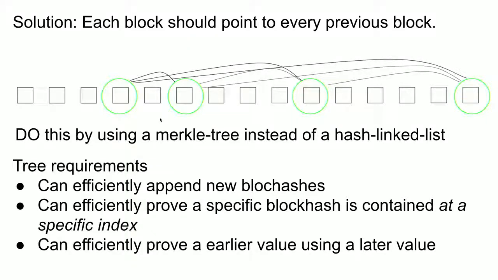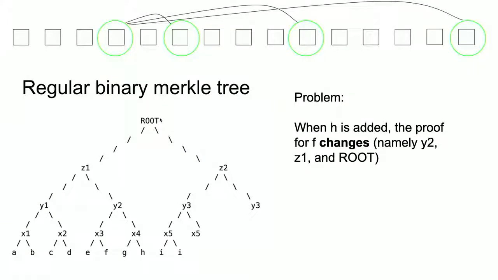What I'm trying to show is that we need to not only link the first header to these other headers, but we actually need to link the other headers to the ones before them, and the ones before them is kind of a recursive process. The first kind of tree you could think of using would be just a regular Merkle tree, which is what Bitcoin is using right now.